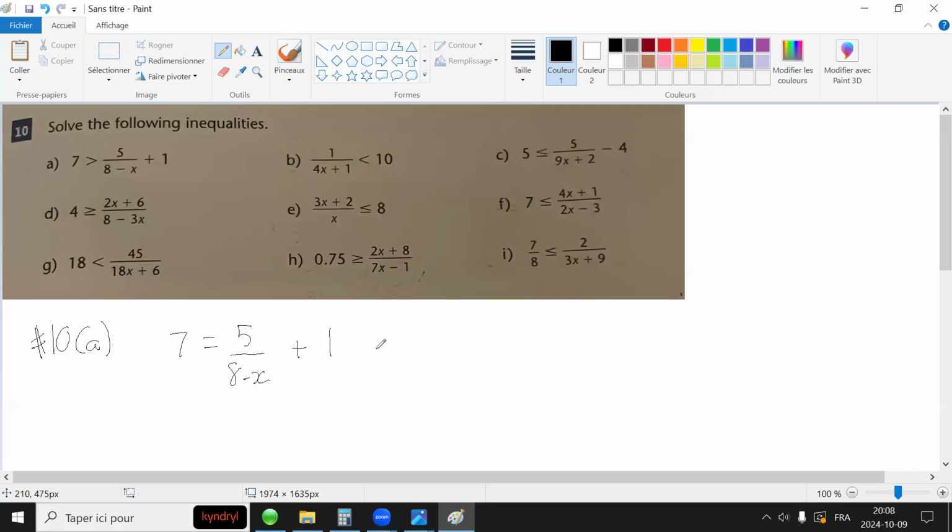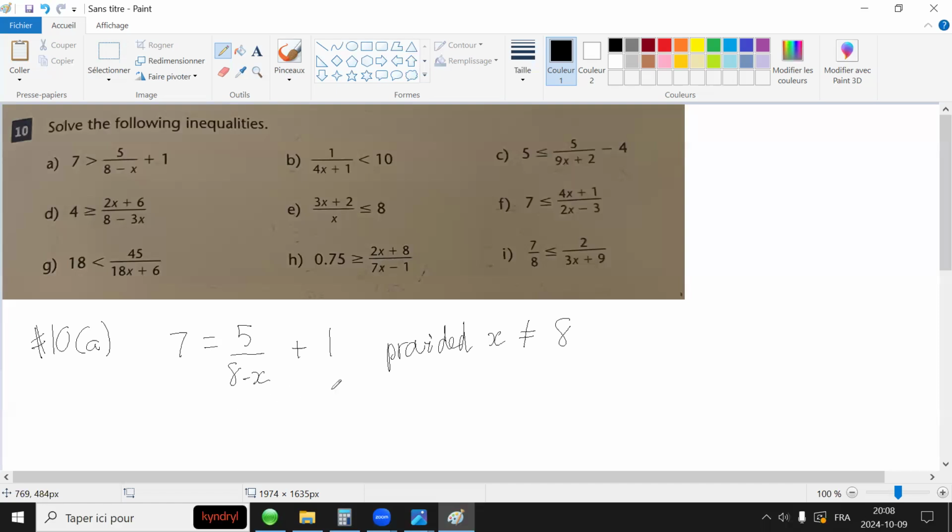Then I have to provide the fact that x doesn't equal 8, because there's an asymptote there. If it were 8, I would have an impossibility and be stuck.